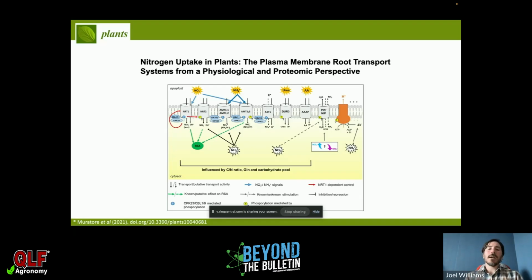So the point here is that the plant responds to the environment. In traditional agriculture, we have often said that the inorganic forms, nitrate and ammonium, are the more important, dominant forms. But really, that's primarily because that's what we have applied in agriculture, and that's what often cycles in agricultural soils.